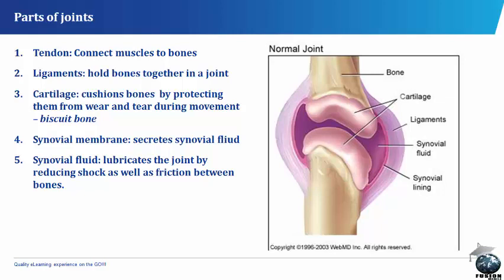An example is the meniscus. 4. Synovial membrane. This secretes synovial fluid. 5. The synovial fluid. This lubricates the joints by reducing shock as well as friction between two bones.